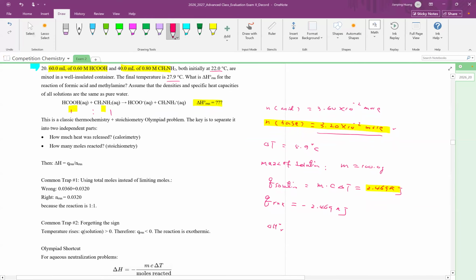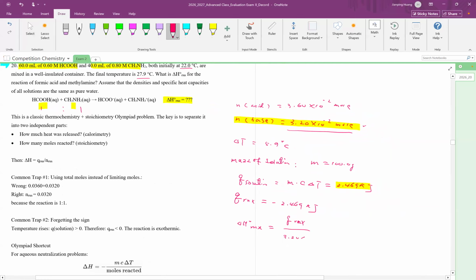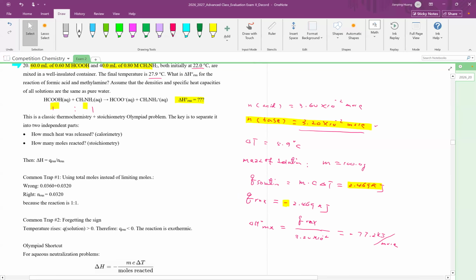Delta H of reaction equals Q reaction divided by what? Divided by mole. Mole is what? It's this one, 3.20 times 10 to the minus 2. So you get what? You get 77.2 kJ per mole. However, you must not miss this one. That's minus. Why is it minus? The temperature increases. This reaction is exothermic. That's the way to do that, okay?